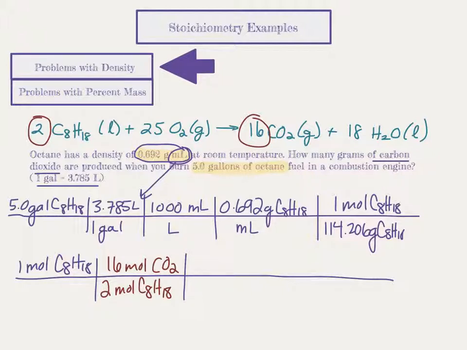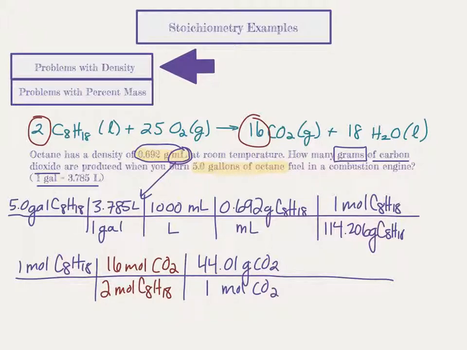All right, now it's the last step. I need to answer the question. Now that I've got moles of my desired molecule, I need to see what I need to change those moles into. The question is asking us for grams of carbon dioxide. So I'm going to multiply my moles of carbon dioxide by the molar mass. 44.01 grams carbon dioxide for every 1 mole of carbon dioxide.